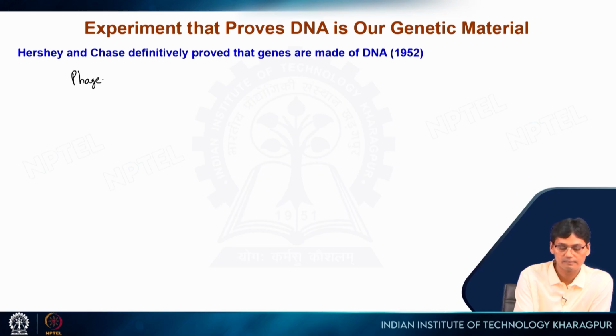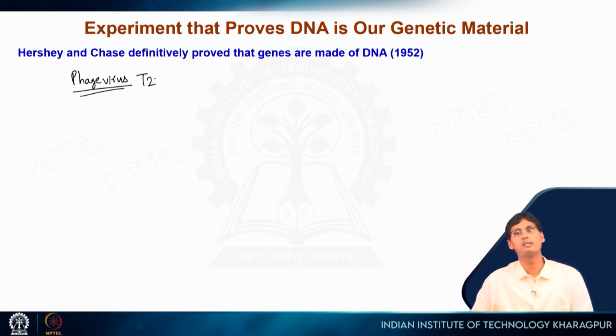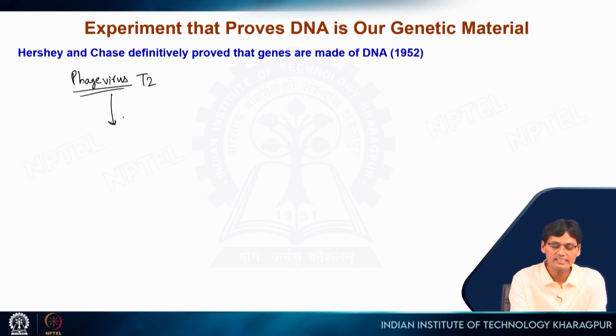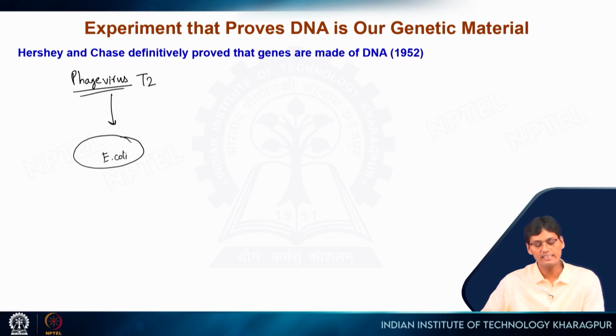Briefly, what Hershey and Chase did: they took a virus, T2, which is a bacteriophage. Bacteriophage means it kills bacteria. T2 infects bacteria, for example E. coli, and within 40 minutes or 1 hour, this virus multiplies inside E. coli and bursts the E. coli cell, and millions of T2 phage are produced.